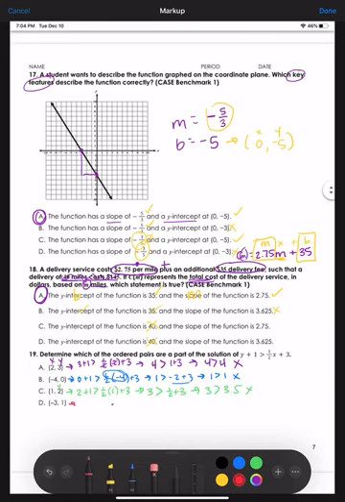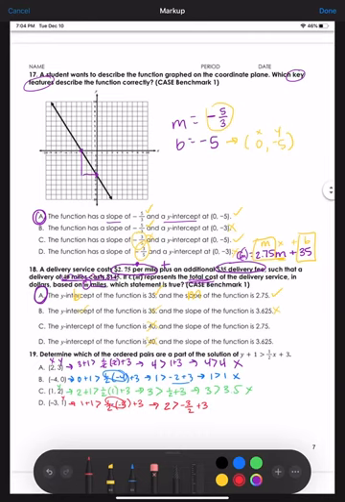Negative 3 comma 1. So I'm going to do y, which is 1. 1 plus 1 is greater than 1/2 times negative 3 plus 3. So 1 plus 1 is 2, is greater than, negative 3 times 1 is negative 3 over 2 plus 3. Okay, negative 3 over 2 is the same as negative 1.5.